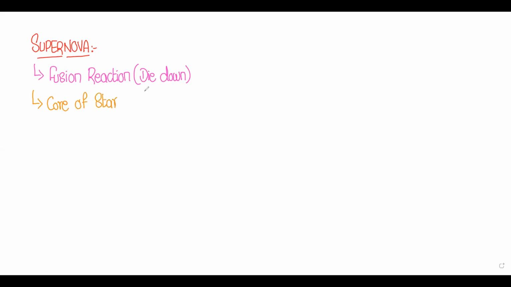So now we have an idea about it. It will collapse completely, same like the previous stage. And the only difference over here is that this supernova will produce a huge explosion.